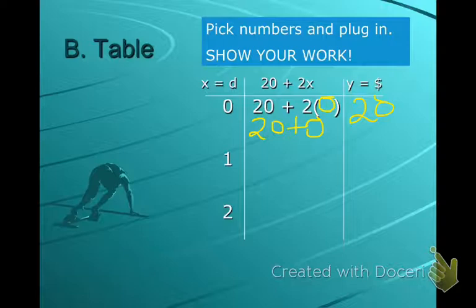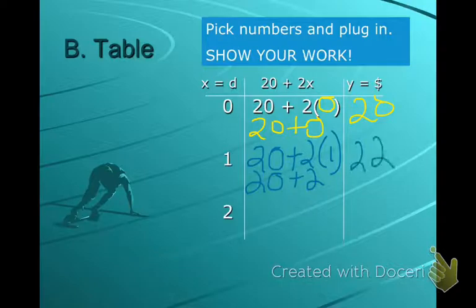Now I plug in the 1, so it's going to be 20 plus 2 times 1, and so it's 20 plus 2, and so in this case my answer is 22. Every time I substitute 1 for days, I get 22. So in 1 day, she'll have $22.